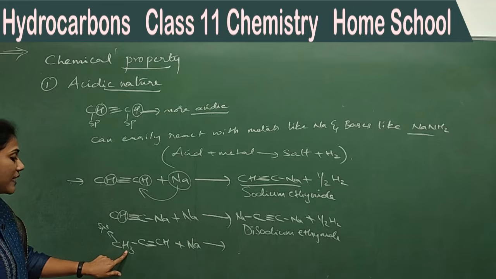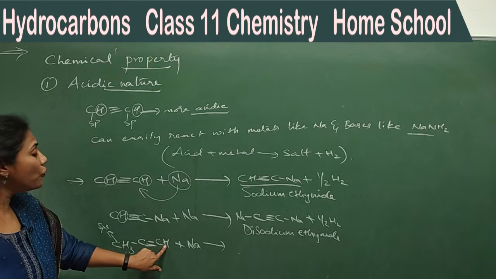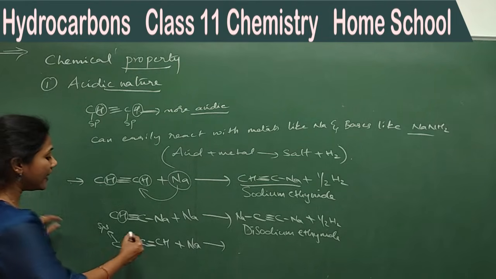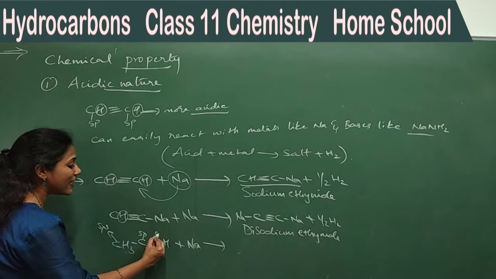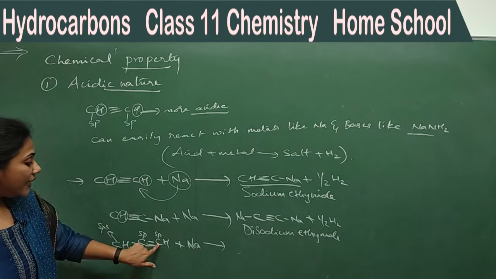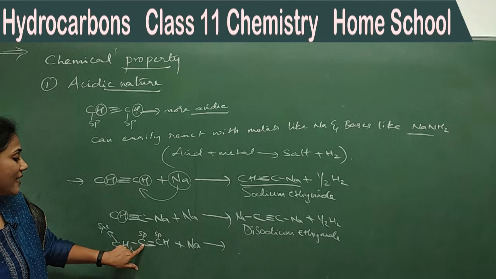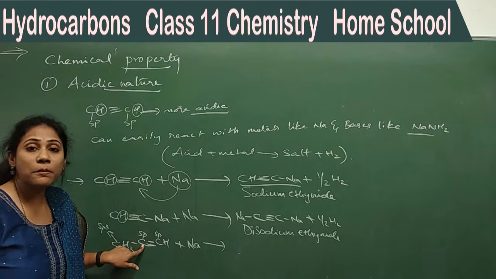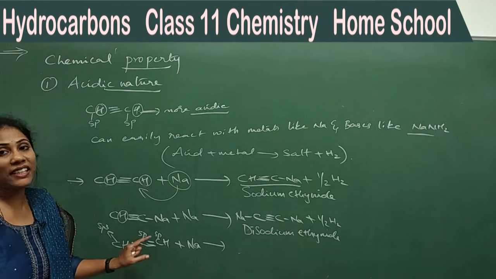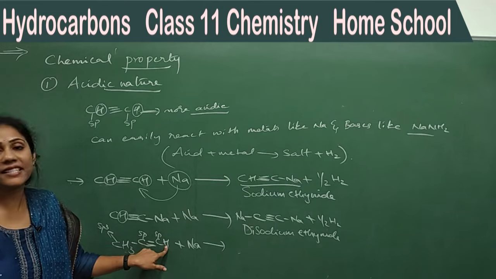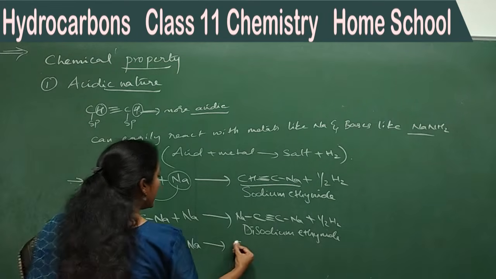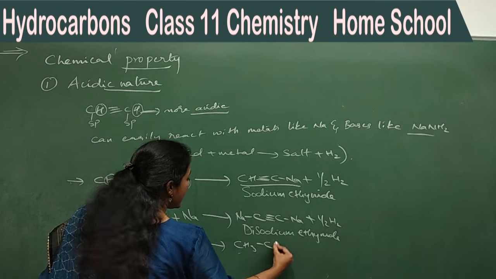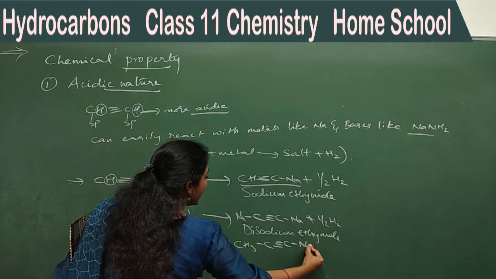You cannot remove these hydrogens. You can remove only the hydrogen that is connected to sp hybridized carbon. Only this carbon has a hydrogen atom, whereas the central carbon, which also has sp hybridization, does not have any hydrogen. So you can only replace this hydrogen and you will get CH3C≡CNa.